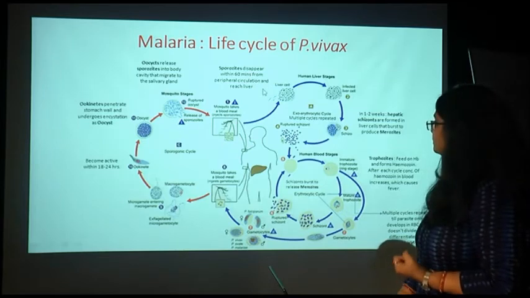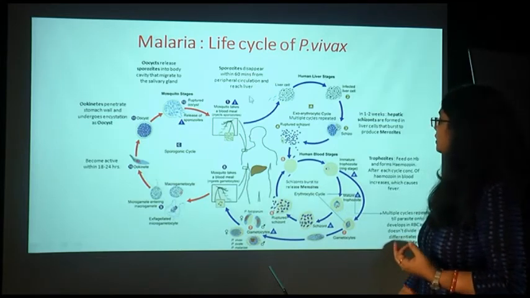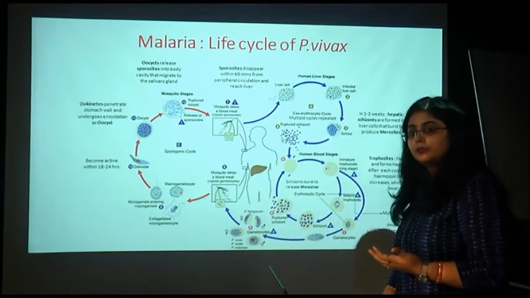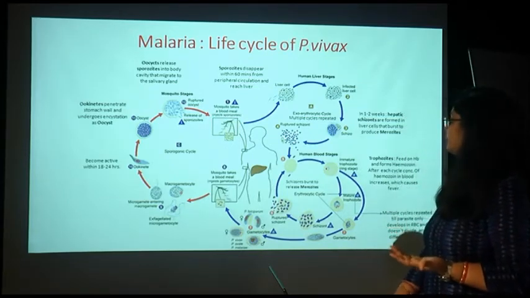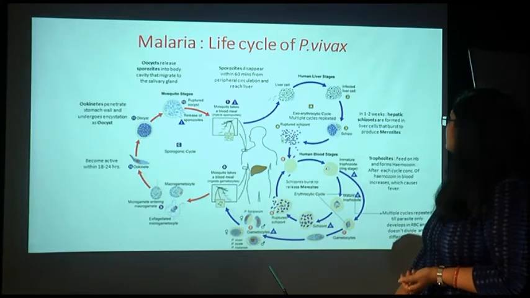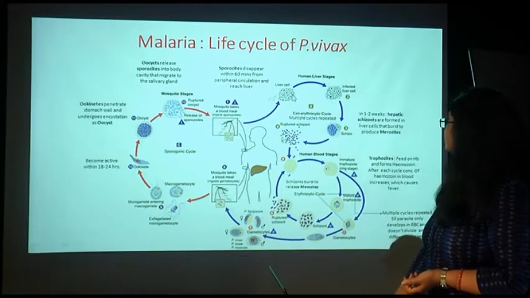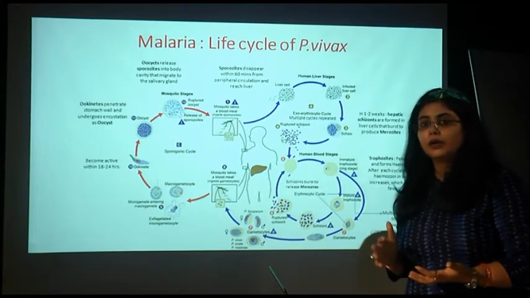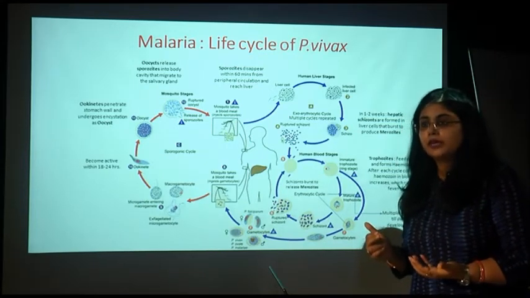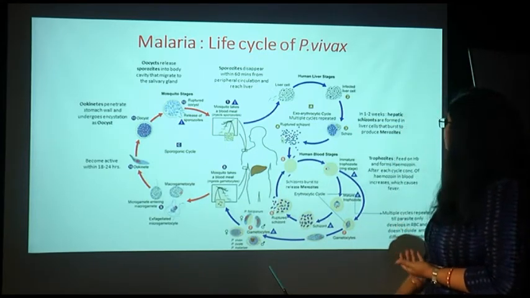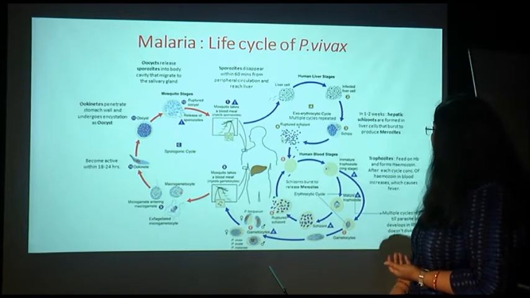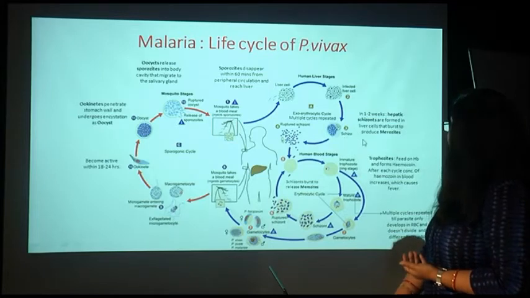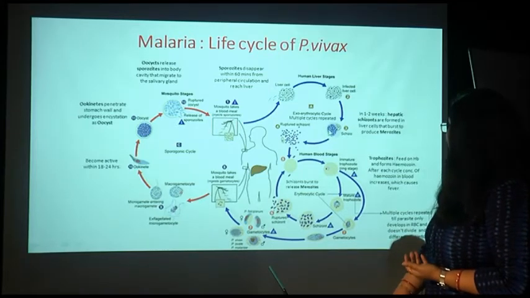So within 60 minutes of the mosquito biting, these sporozoites disappear from the peripheral blood circulation. So these reach the liver cells, where they can either remain dormant for a long period of time and they are called hypnozoites, or they can form hepatic schizonts.